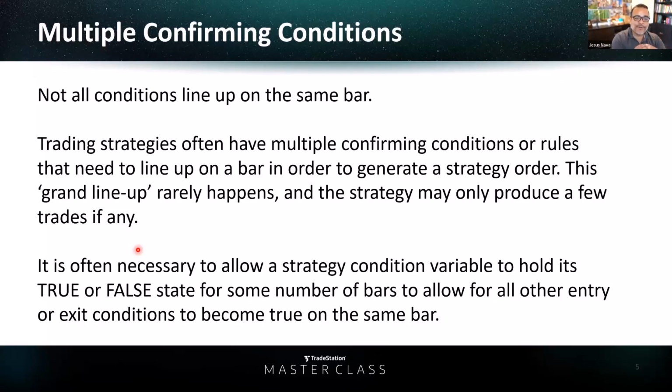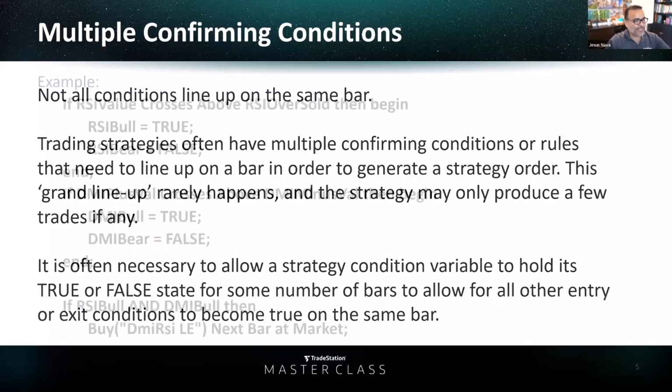Let's say you're looking for a moving average cross with a stochastic cross. If the moving average crosses, then turn your variable to true so that when the stochastic crosses, you still have a bullish mode on the moving average because you've turned that flag to true. That's the type of study that we're going to create now.